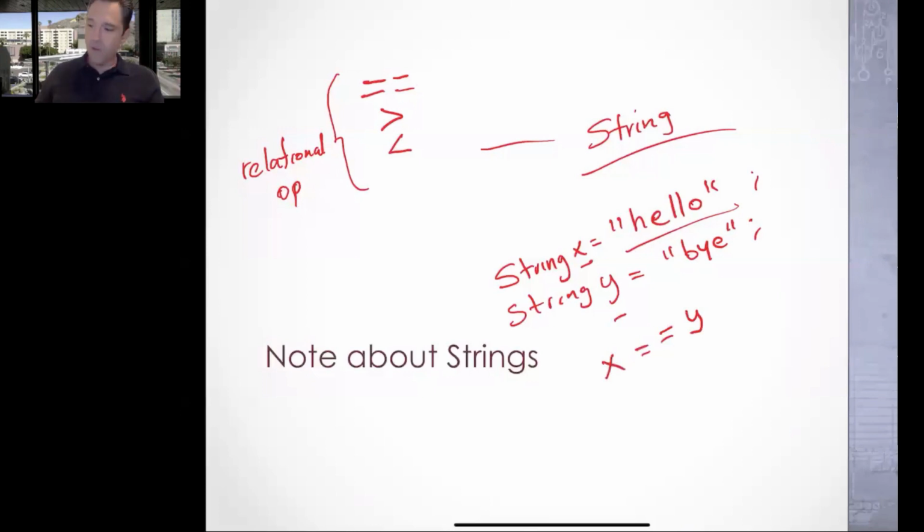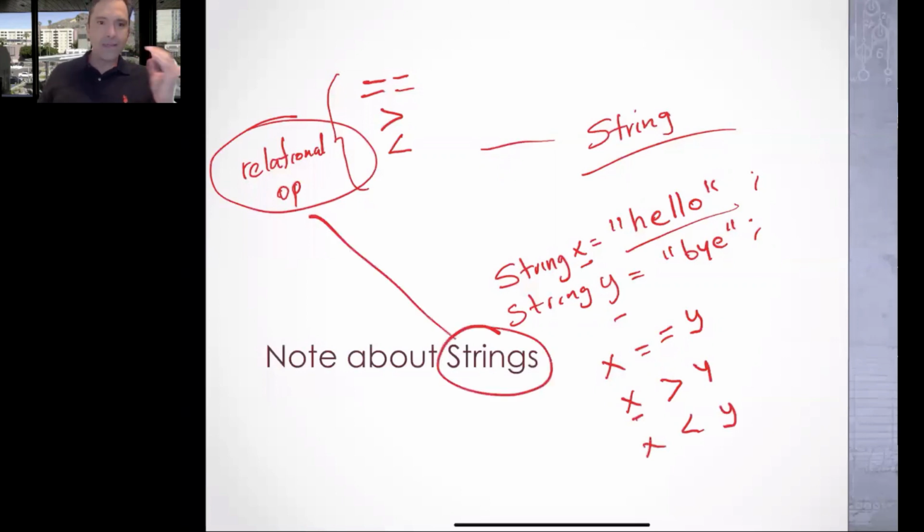Or maybe you want to compare if one string is greater than the other. And we need to think about what is the meaning of a string being bigger than the other. Or the same happens if you want to compare if the string is smaller than the other. So what happens when you want to work with relational operators with strings?